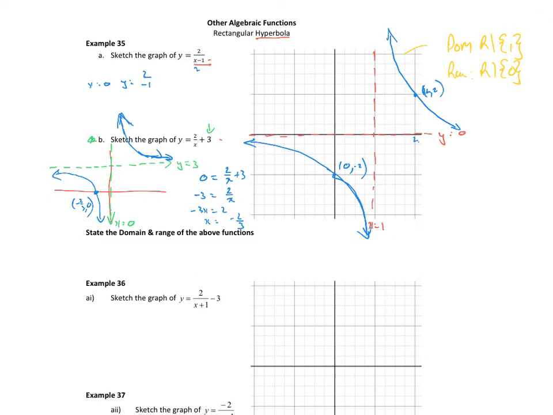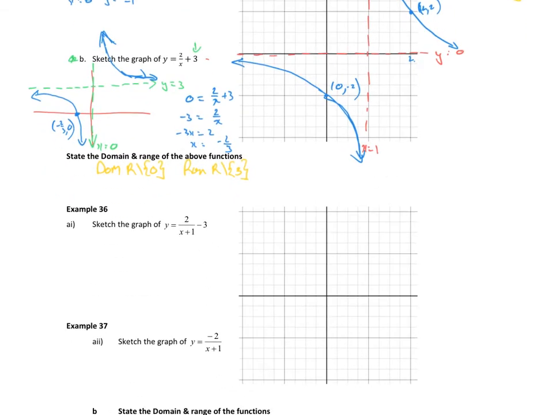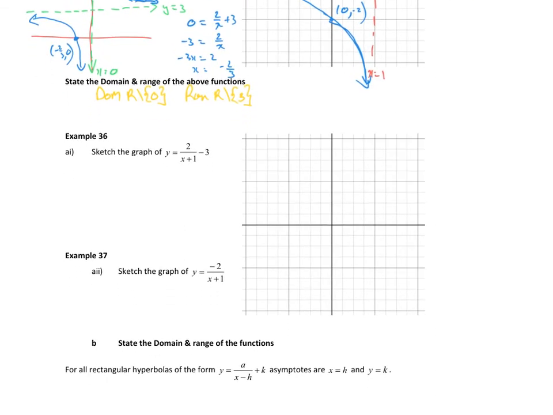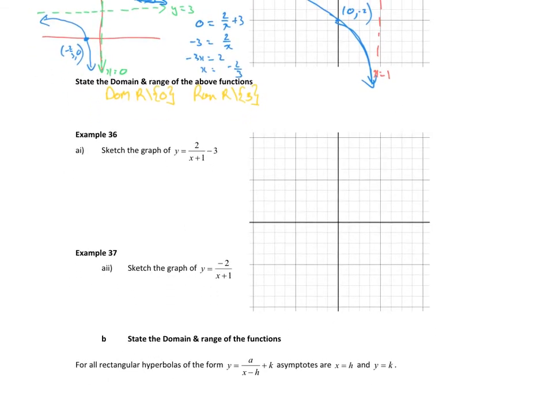Similarly for graph B, my domain is all the reals except for x equal to 0, and the range is all the reals except for y equal to 3. Okay, so it's good practice getting the habit of sketching, or at least stating, our asymptotes and stating the domain and range.